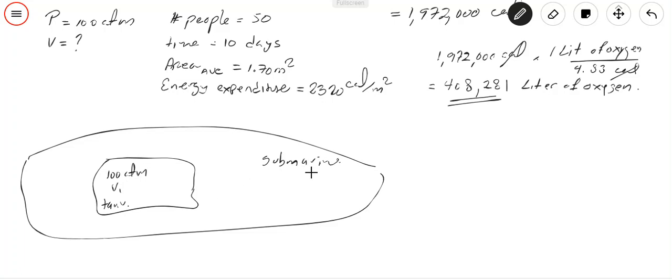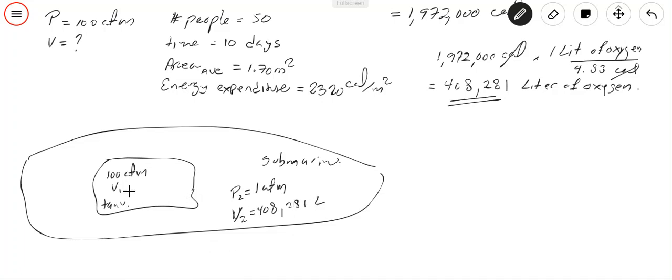So in the submarine, the pressure will be 1 atmosphere, and then we're going to have the consumption of oxygen here that is 408,281 liters.